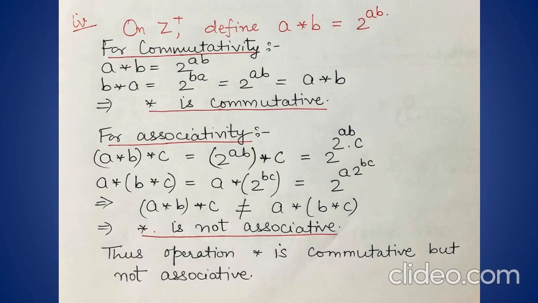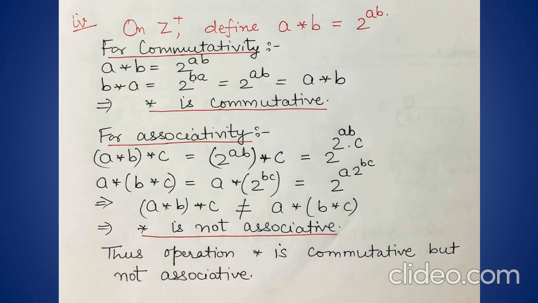Fourth part says, on Z plus, that is the set of positive integers, define A star B equal to 2 raised to the power AB. Here A star B is equal to 2 to the power AB. Now checking for commutativity, A star B is 2 to the power AB, so B star A will be 2 to the power BA.